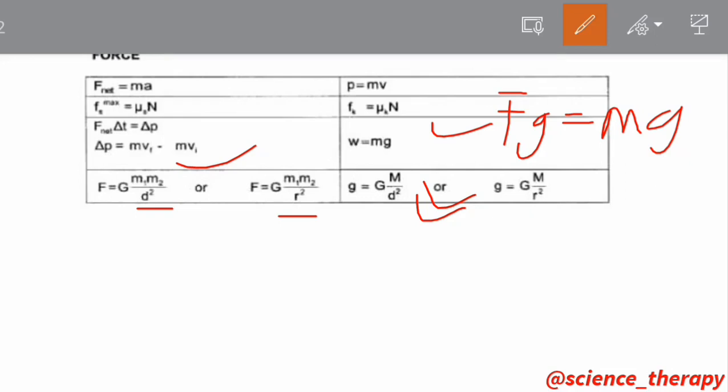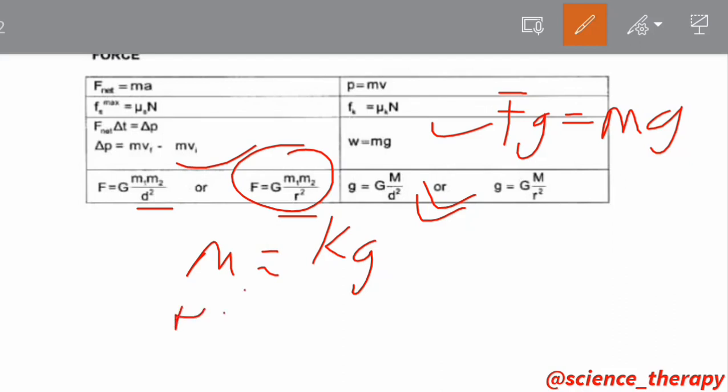One thing that we also need to know when using these formulas is that your mass should always be in kgs. Remember, we are dealing with objects that are relatively large, right? So mass is in kgs, and then your distance or your radius should always be given in meters.